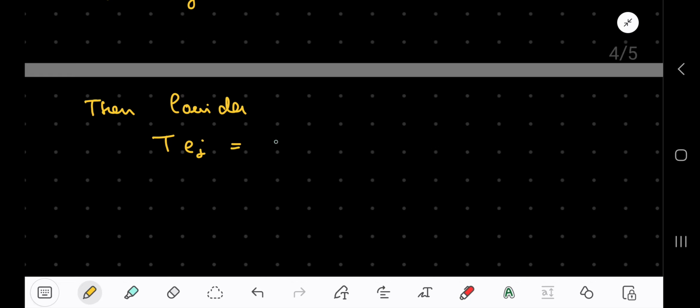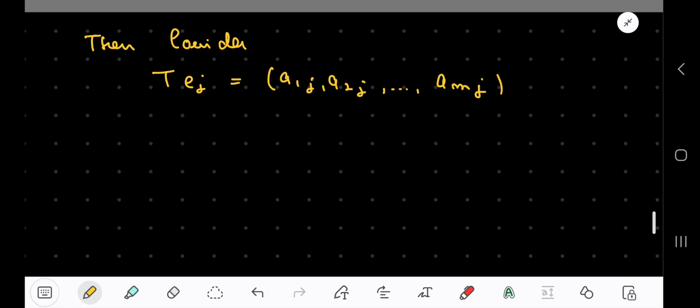This will be some linear combination of the standard basis vectors of Rm, and this can be written in terms of coordinates, let's say A1j, A2j, and so on till Amj, because this is ultimately an element of Rm, so it will take m tuples. So I am writing this m tuple in this way.